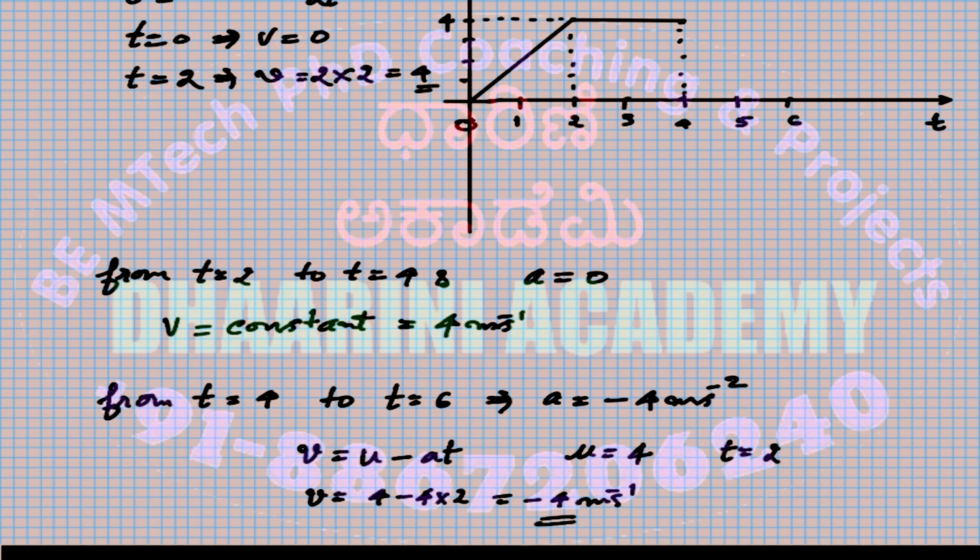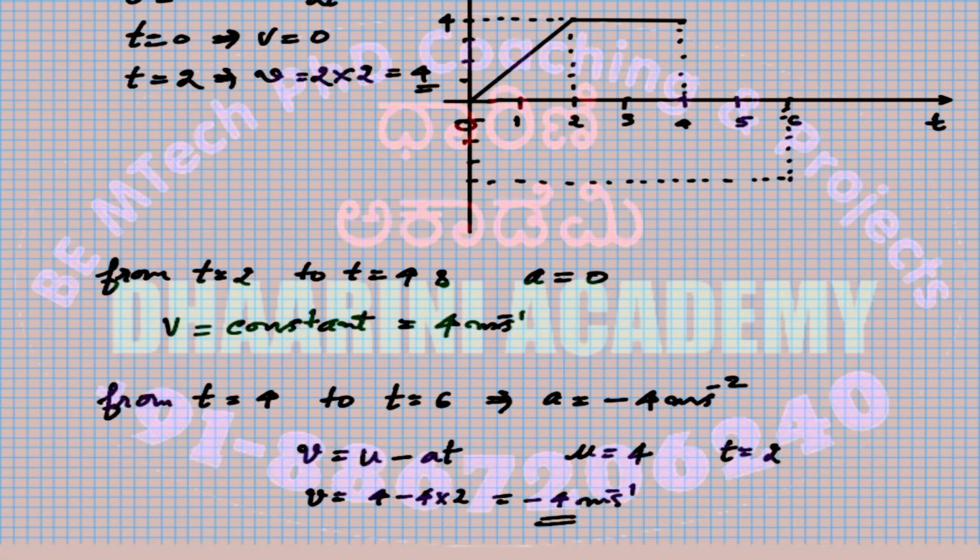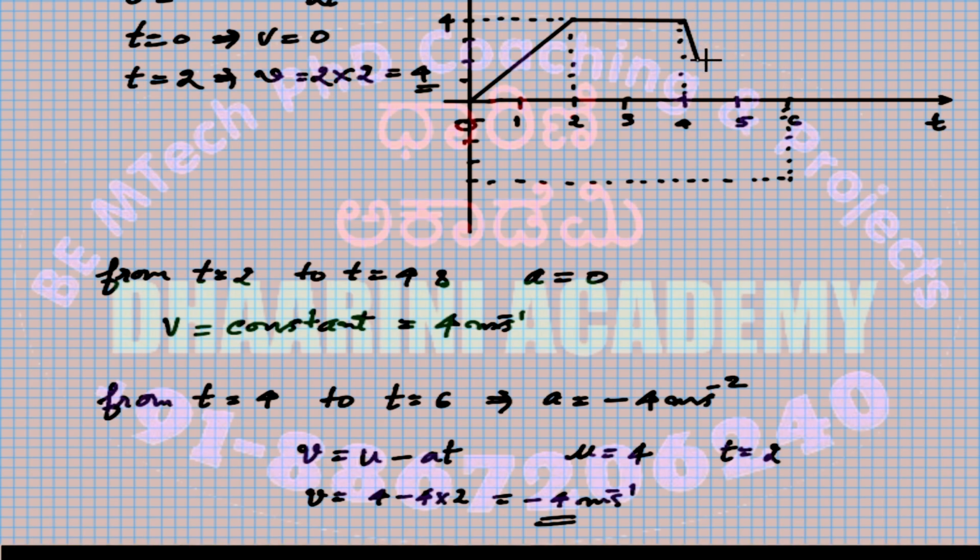So this value should reach minus 4 at the end of 6 seconds. This is what the graph looks like.